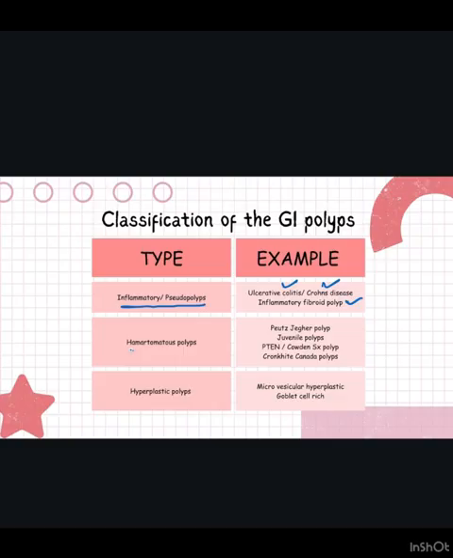You next have the hamartomatous polyps. Hamartomatous polyps can be seen in Peutz-Jeghers polyp, juvenile polyps, PTEN or Cowden syndrome polyps, Cronkite-Canada polyps. You then have the hyperplastic polyps, which are usually found in the microvesicular hyperplastic polyps or the goblet cell rich polyps. Isn't this classification a little bit too complex? I will simplify it for you in the next few slides.